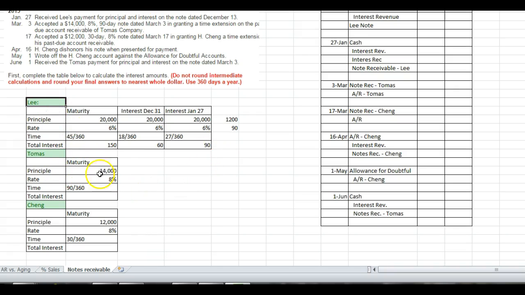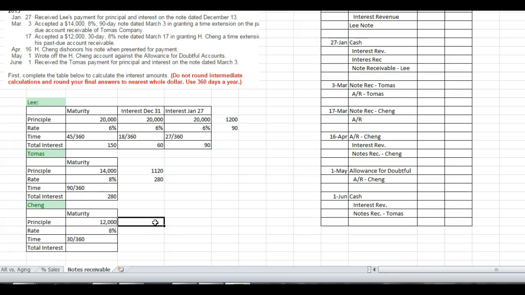Let's do Thomas now. So his or hers yearly interest is $1,120, and we're only figuring it for 90 days for him. And so that's going to equal this times 90 divided by 360 is $280. And that's what they will owe us after that time period.